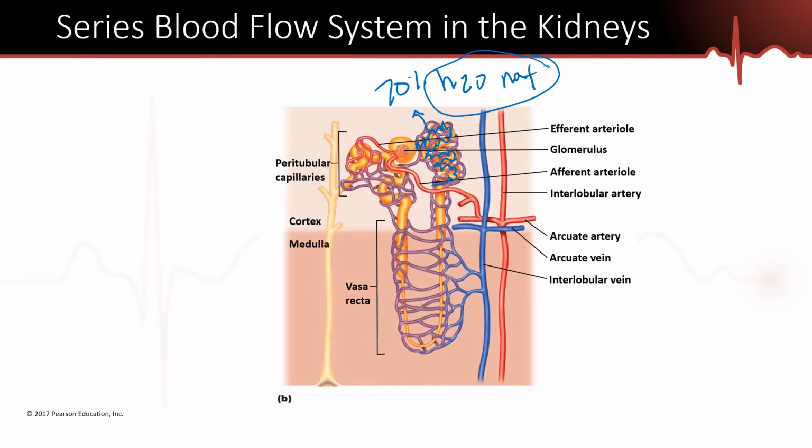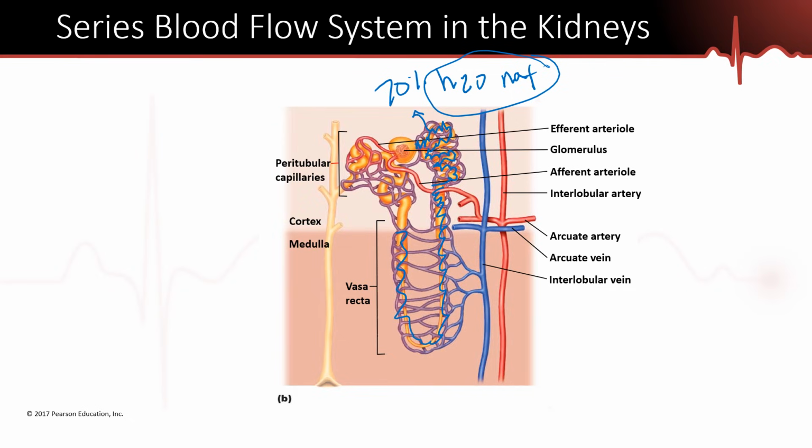So hopefully that made sense, but now we still have some sodium and water within the nephron, right? It hasn't all been reabsorbed from the proximal convoluted tubule. So it's going to keep traveling now down into the loop of Henle.